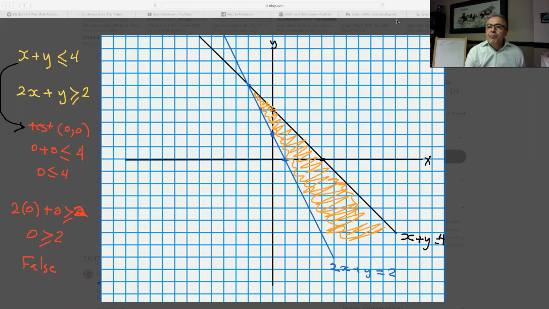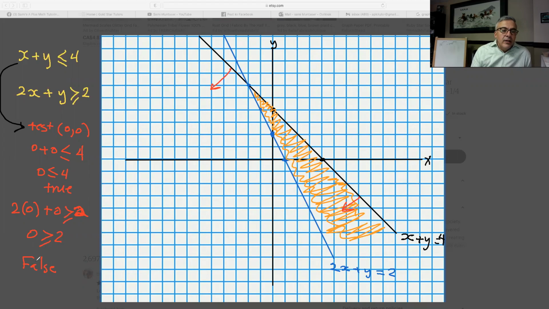So again, one more time, I'm going to go over this. When we tested 0, 0 for this line right here, the x plus y equals 4, it was true. So 0, 0 happens to be below this line. So therefore, I'm shading below the line.